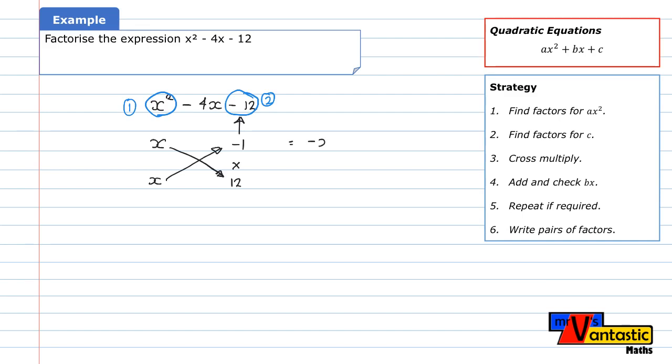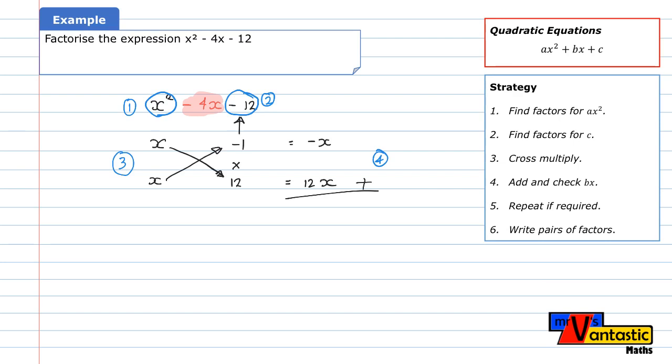So we have -x, and x times 12 is 12x. We cross multiply, and then we add them up, and check to see if that equals this bx term. So we want that to be our final answer.